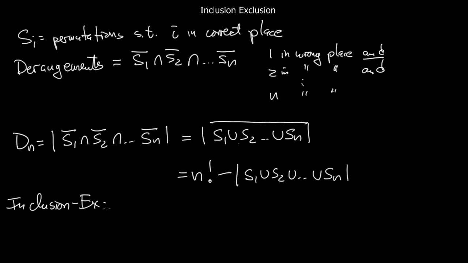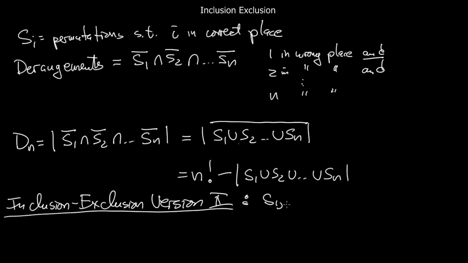So I haven't really said much new, except that I can now restate the inclusion-exclusion in version 2, which is the following. It talks about intersections of complements.